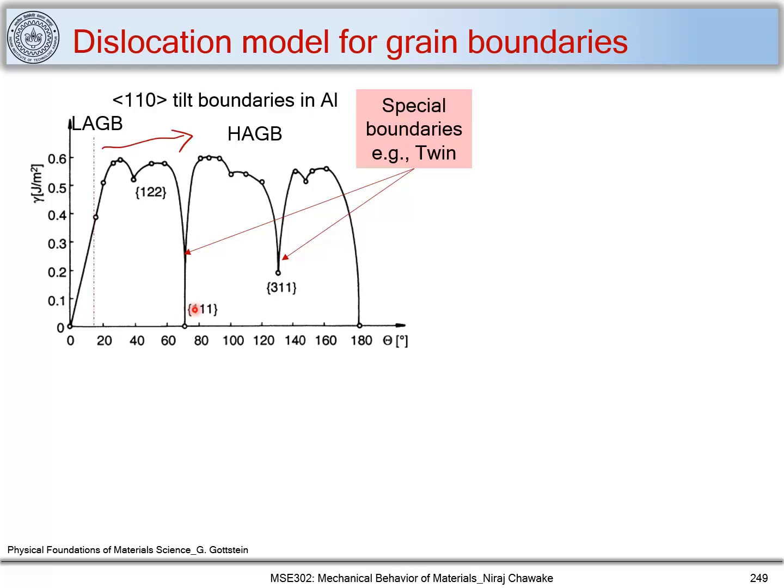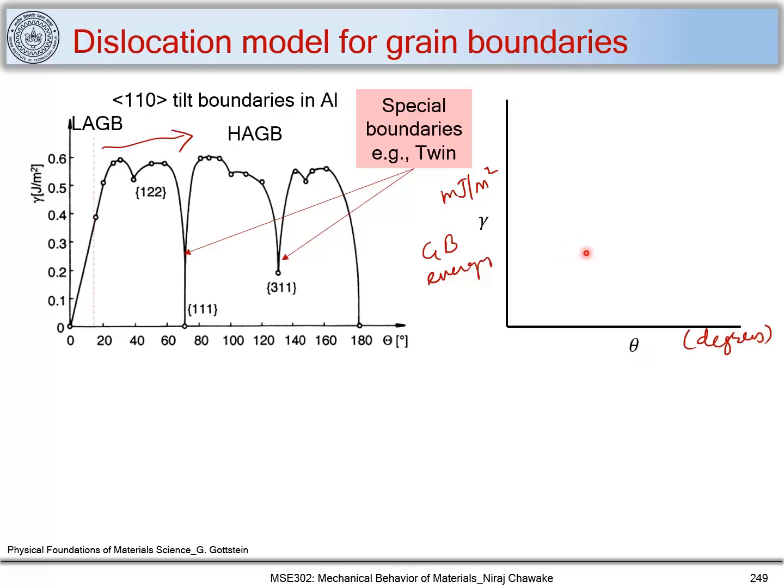Now let's look at the schematic in general for this kind of material. So we have grain boundary energy. Let me write it over here. Grain boundary energy, which you can write in millijoules per meter square. And this theta, which is the misorientation angle, let me mark over here. So it is in degrees.